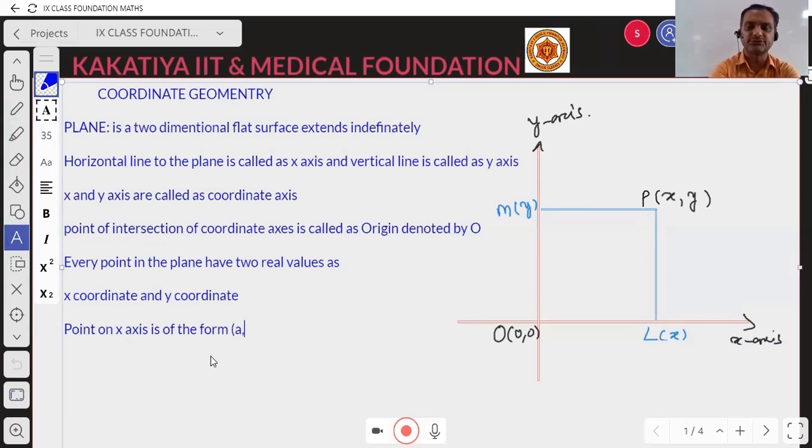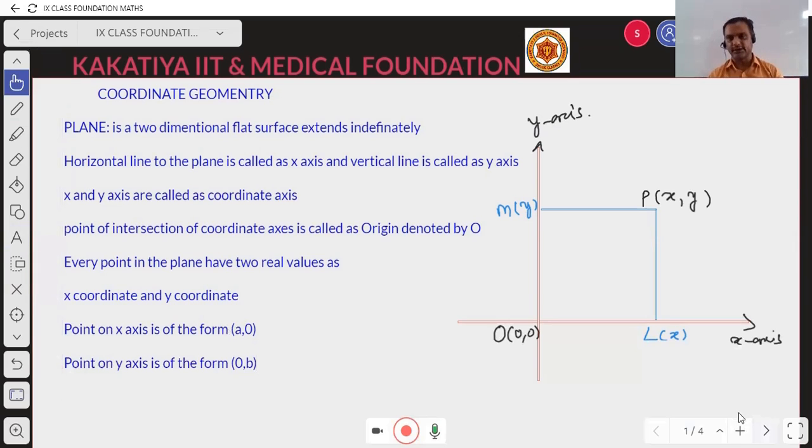That means its y coordinate is always 0, right? So a point on y-axis is of the form 0 comma b, right? So that means if I take 5 comma 0, I can say that it is on x-axis. If I say 0 comma 5, I can say that it is on y-axis.